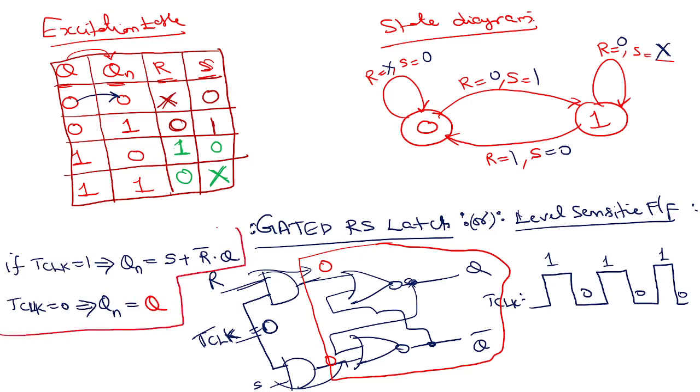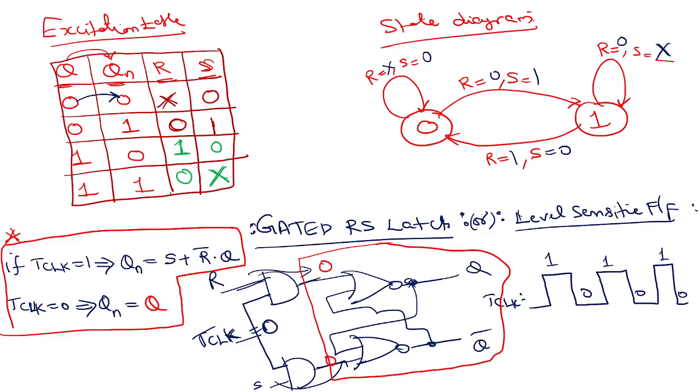This is the characteristic table for this. If T clock is 1, then Qn is decided by S or Q. If T clock is 0, then there is no change at all.